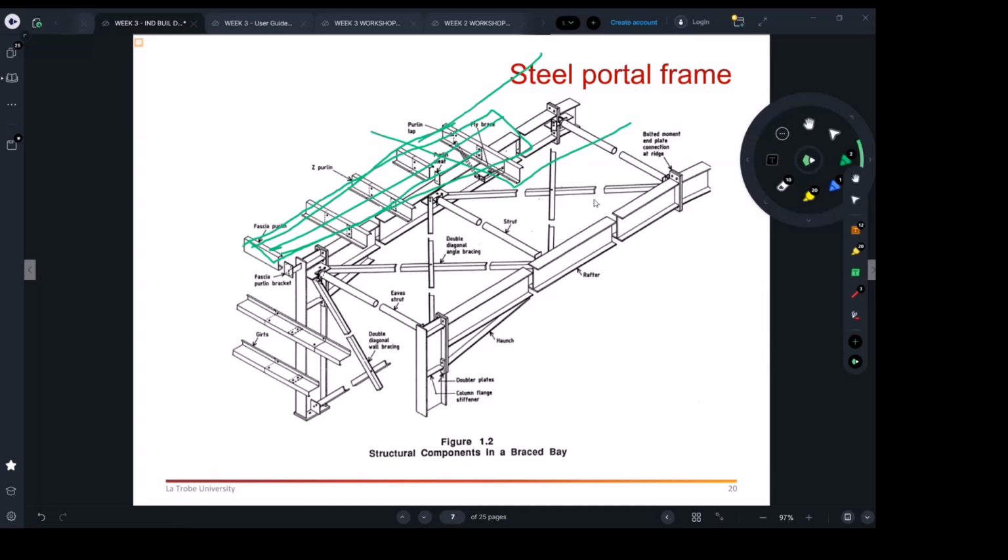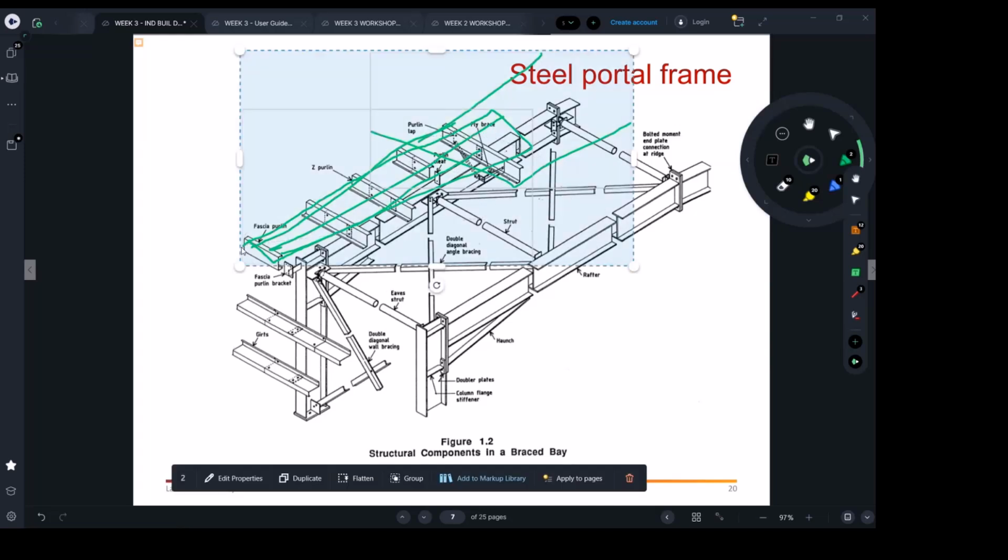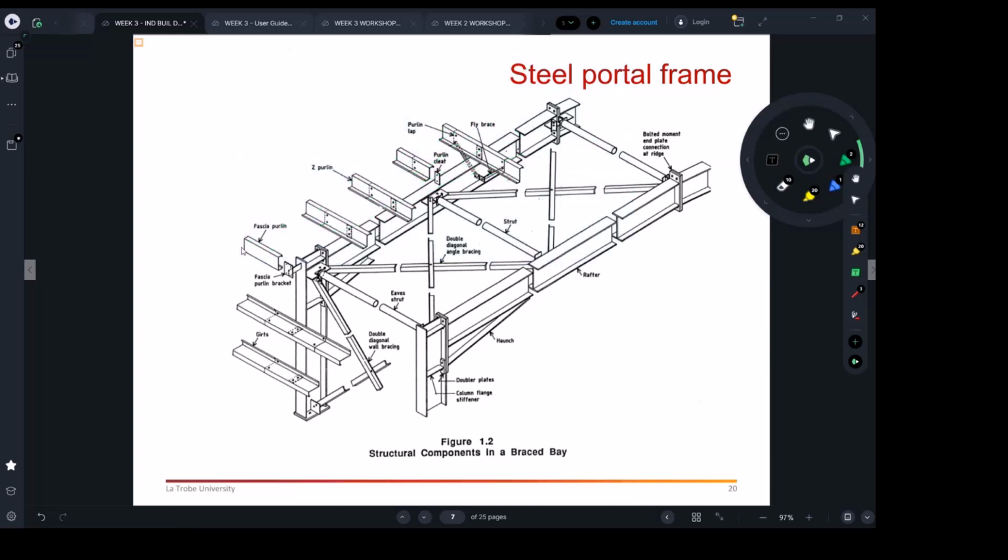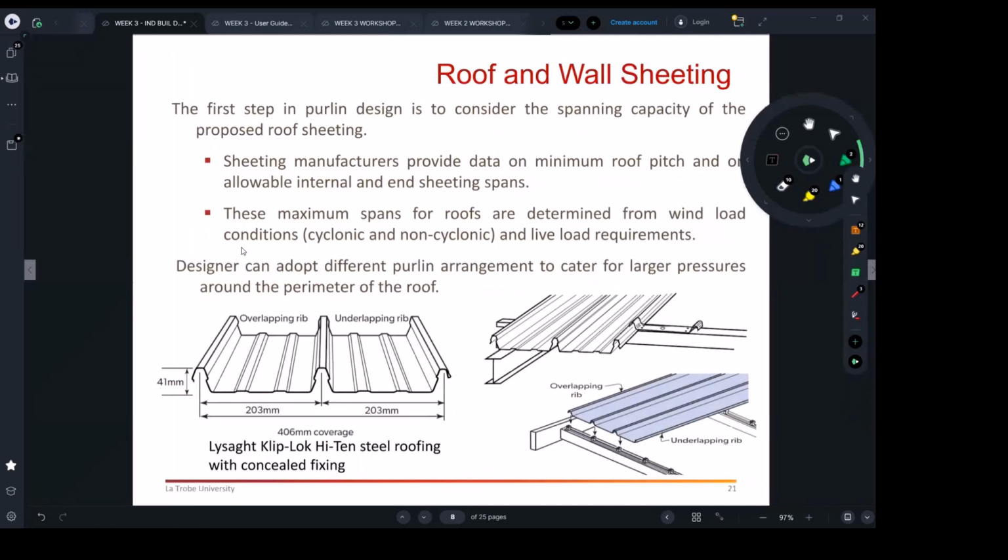There are documents which can easily be used to decide on the profile and confirm it. I can tell you that in 80% of projects, the architect will do that work. The architect on his or her drawings will write, use this type of sheet, full stop. That's all you need to do.